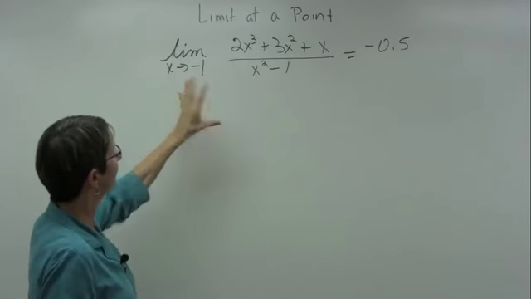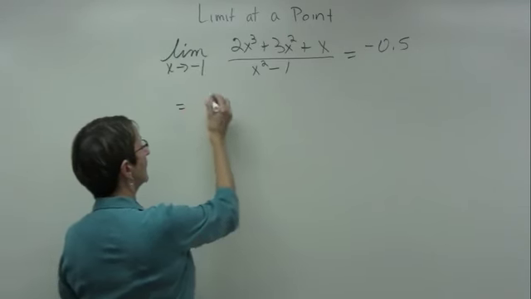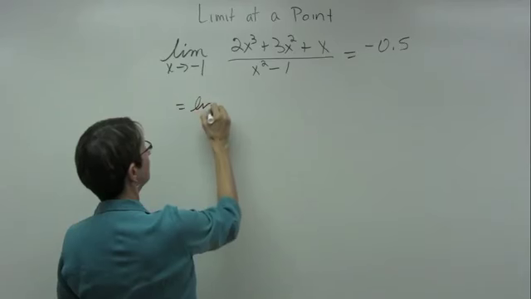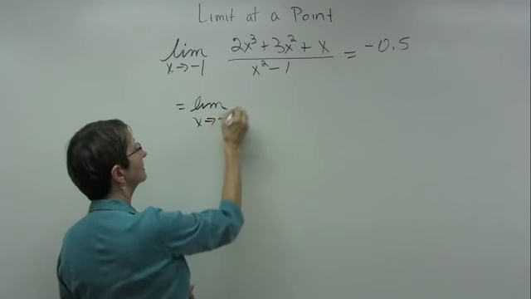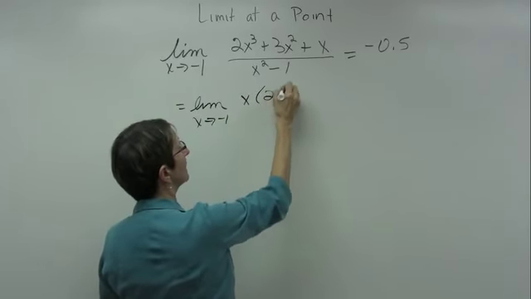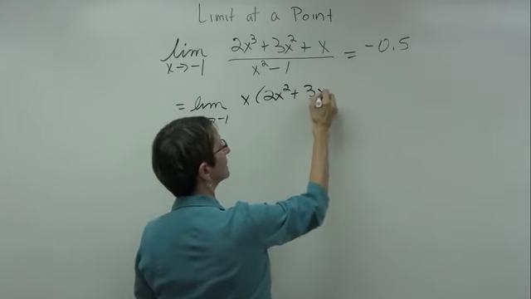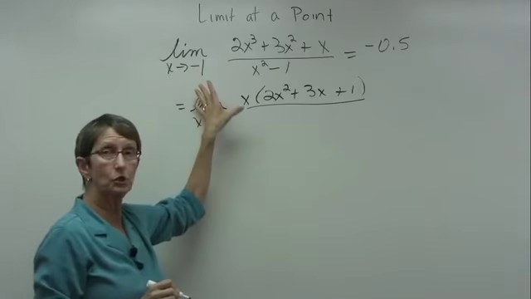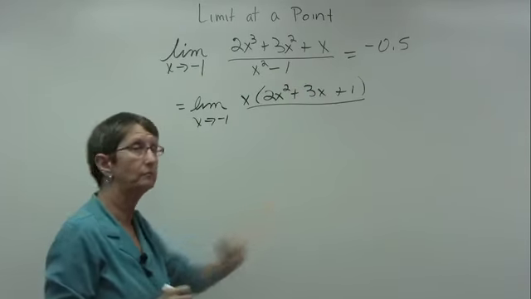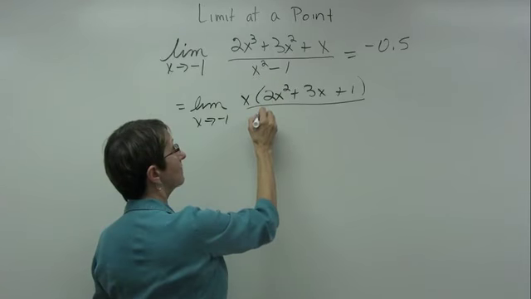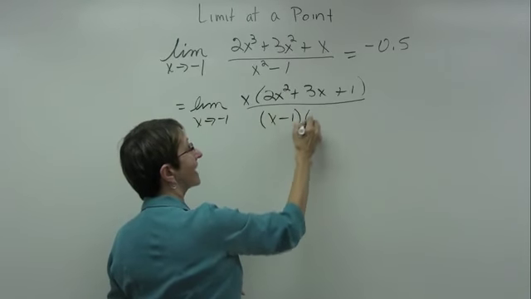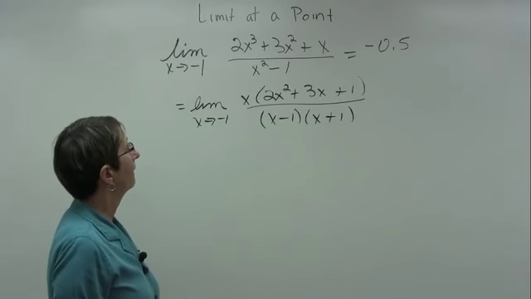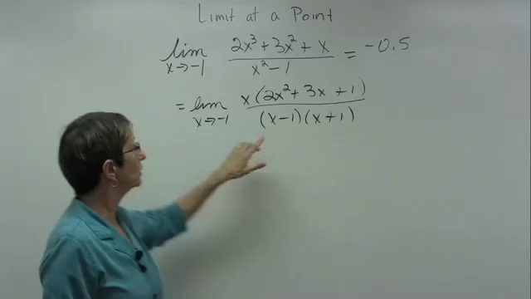Let's go back and see what happens if I factor this. In the numerator, I can factor out an x. 2x squared plus 3x plus 1. So I pulled an x out of each term, lowers my exponent for each one. In the denominator, x minus 1 times x plus 1 gives me x squared minus 1. Well, let's go a little bit further.